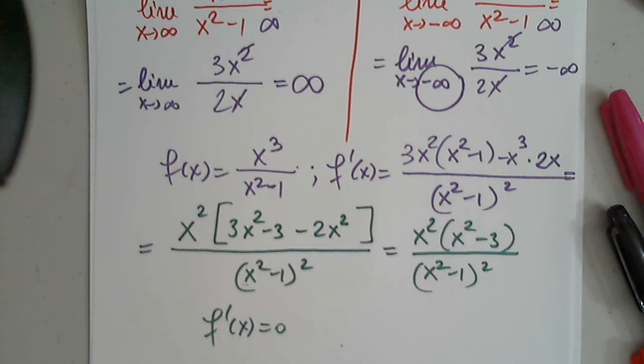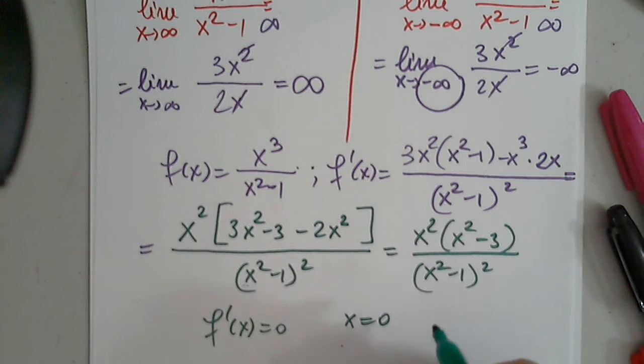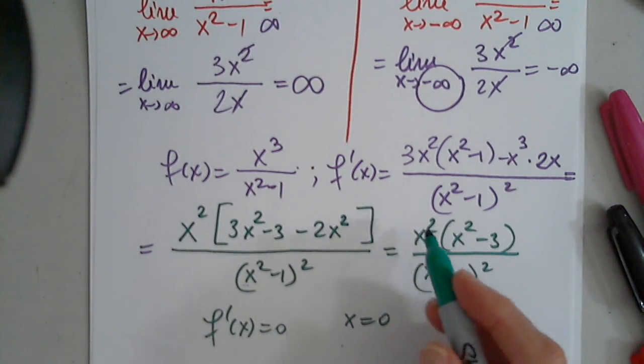Gabby? Is it when x is 0? I don't know. Okay. What else? Would it be square root of 3? Very good. So I have to write that x squared is 0.